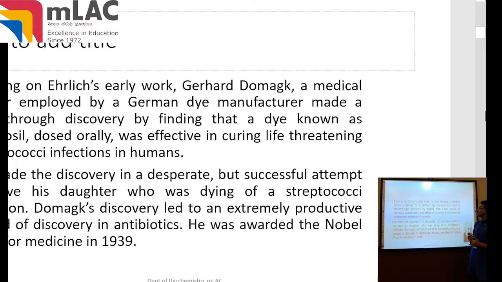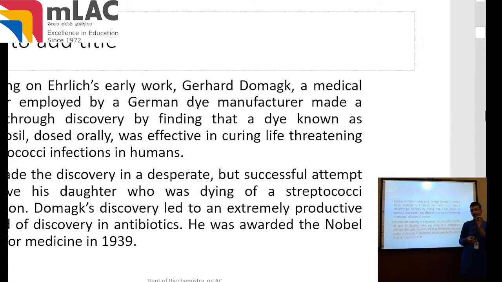It was Gerhard Domagk, a medical doctor employed by a German dye manufacturer, who made a breakthrough discovery by finding that a dye known as prontosil, dosed orally, was effective in curing life-threatening streptococci infections in humans. There's an interesting event which happened during Domagk's life.